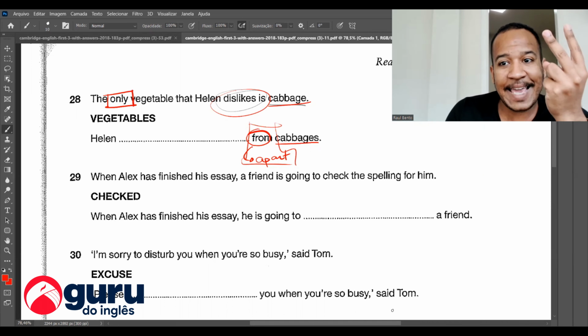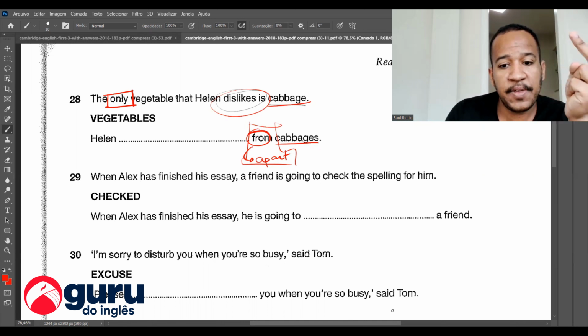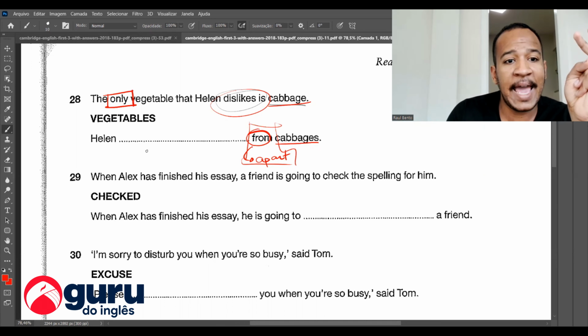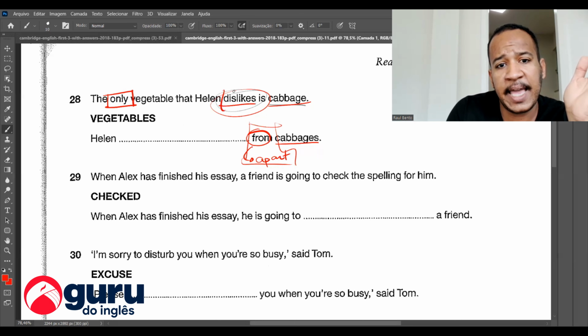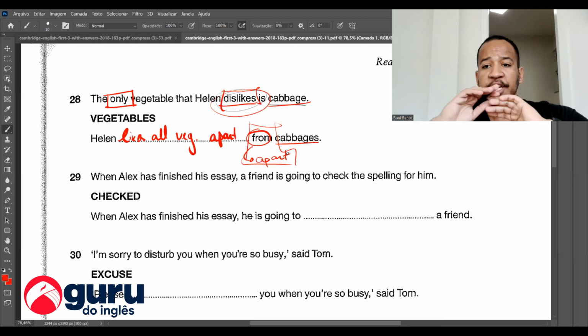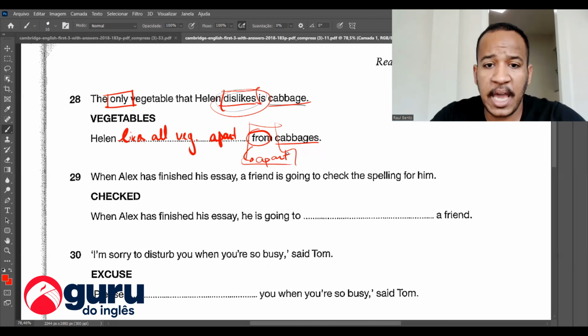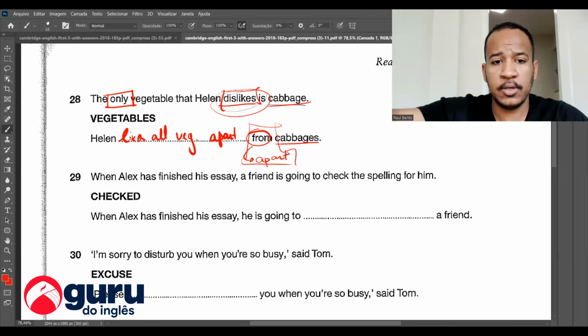So again, we changed the idea, the contrary one. So Ellen eats, okay, all, or she likes. Ellen, because we have here dislike, let's use like. Ellen likes all vegetables apart from cabbages. So she doesn't like cabbages, just the other ones.